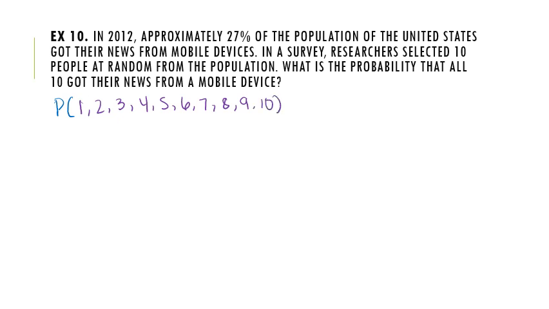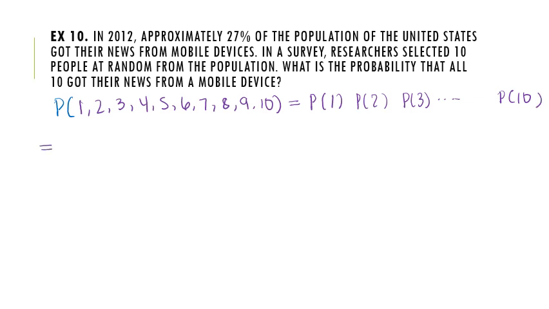And these are all the people, so the first person, the second person, third, fourth, fifth, etc. Just because the first person gets their news from a mobile device, that doesn't mean that it affects the next person. So in this case, we're going to multiply probability of 1, probability of 2, probability of 3, all the way up to probability of 10.